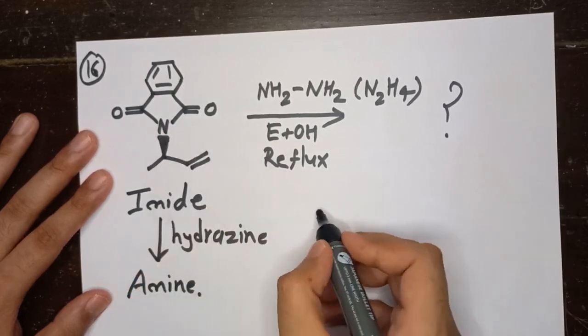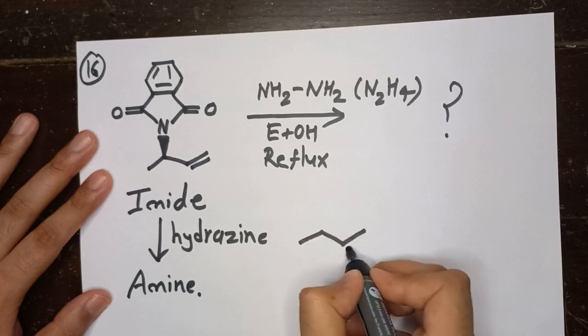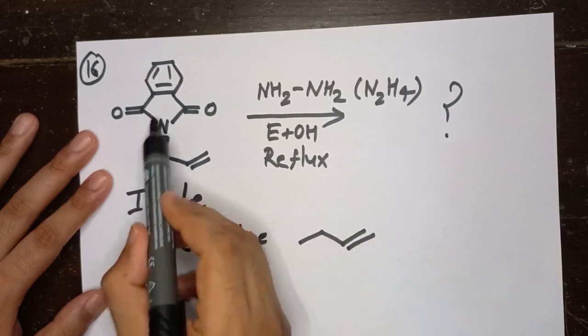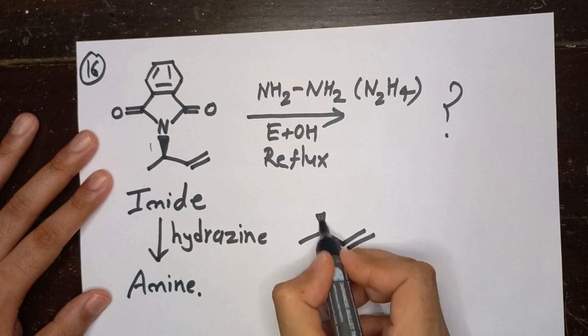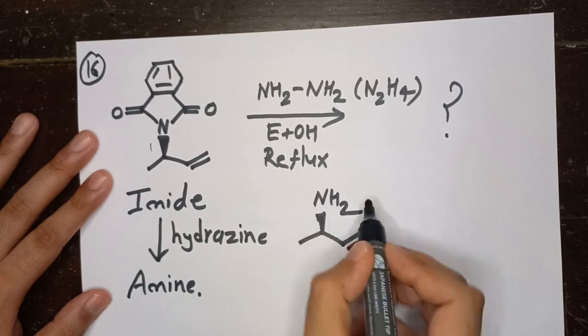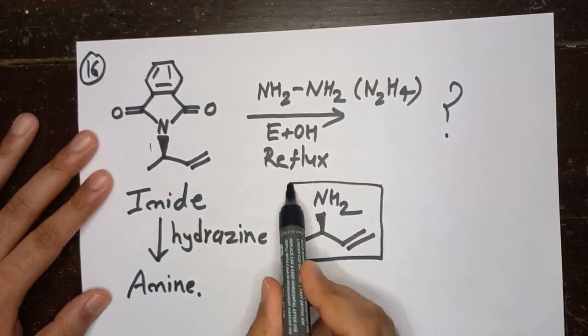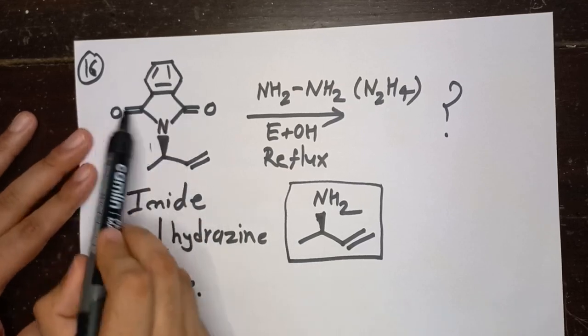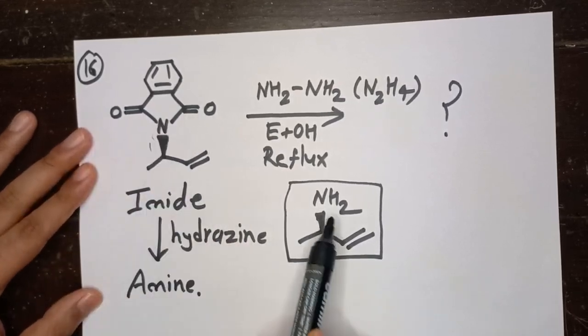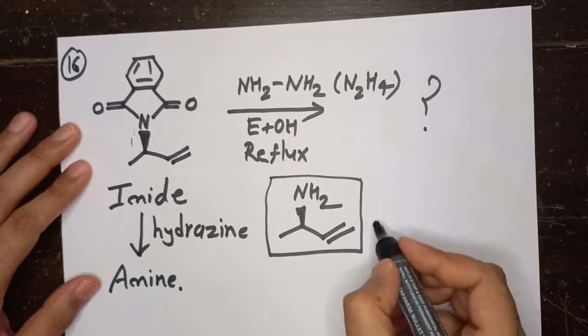So the product is going to be, basically regenerate your amine group, and this is the product. We have completely removed everything and we deprotected our amine. And what is the byproduct?